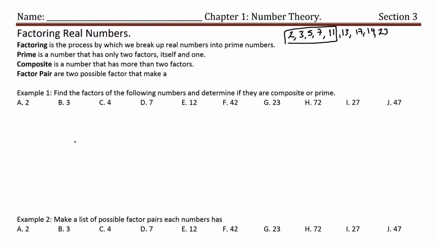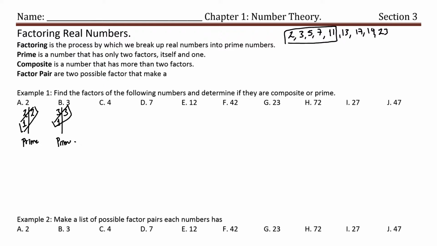Now, 2, 3, and 7 are all going to be prime numbers. We wrote it on the list right here. But this is the reason why. When you divide 2 by itself, you get 1. And those are the only two possible factors you're going to have. Therefore, they're prime. Next, when we try to do exactly the same with 3, you're only going to have 2 factors as well, which means that this is also prime.